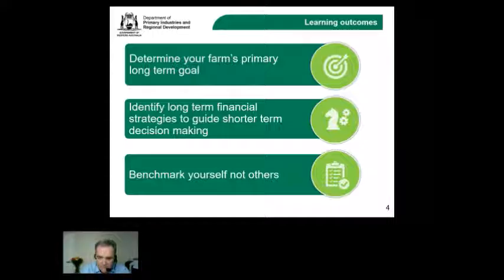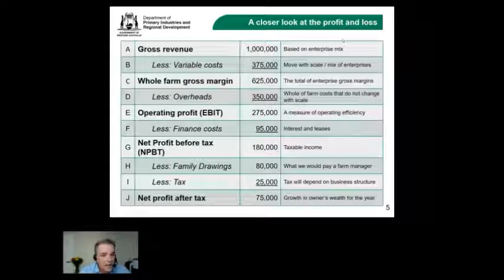So we're going to be focusing a fair bit on the balance sheet in terms of these longer term goals, because that is the financial statement which covers much of the future rather than the present and the past. Having set some goals, let's review a couple of things in terms of the information we already have.